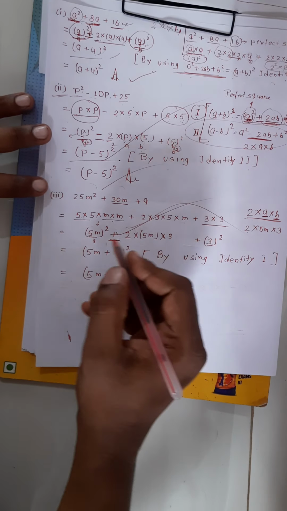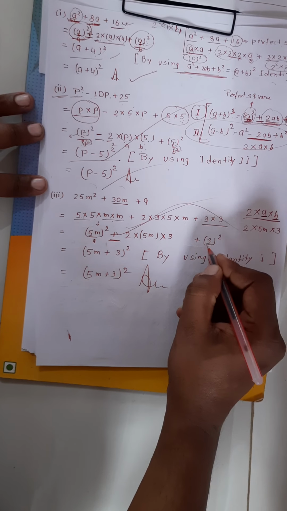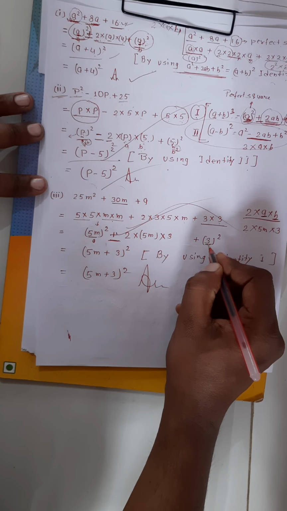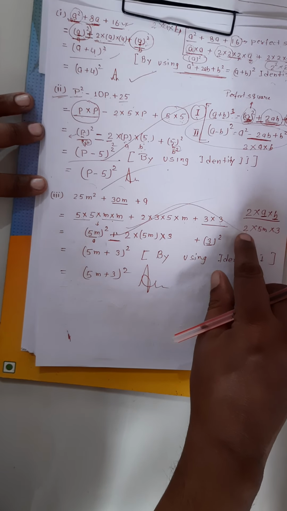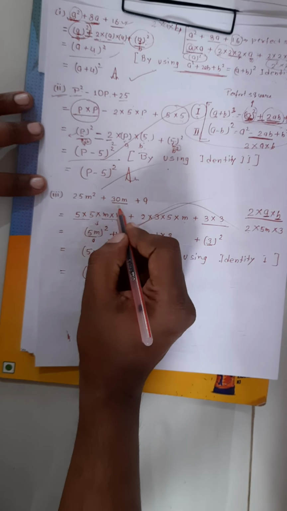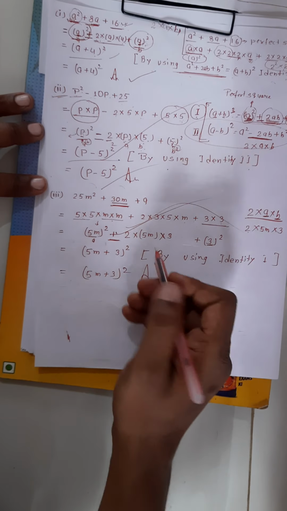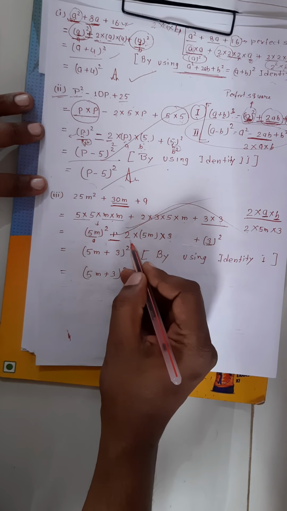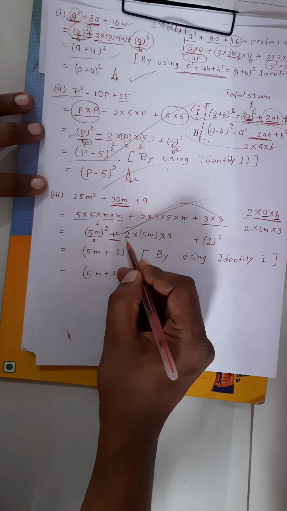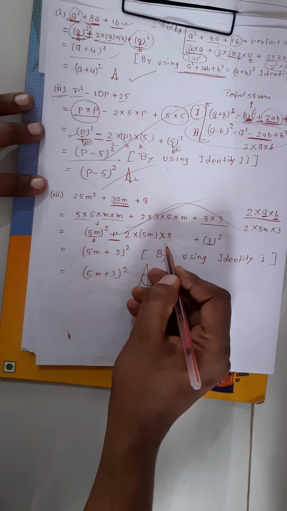That means the value of A is 5m and the value of B is 3 here. Okay, so 2 5s are 10, 10 3s are 30, 30m. Here there is 30m. So we can write it as 2 into 5m into 3.